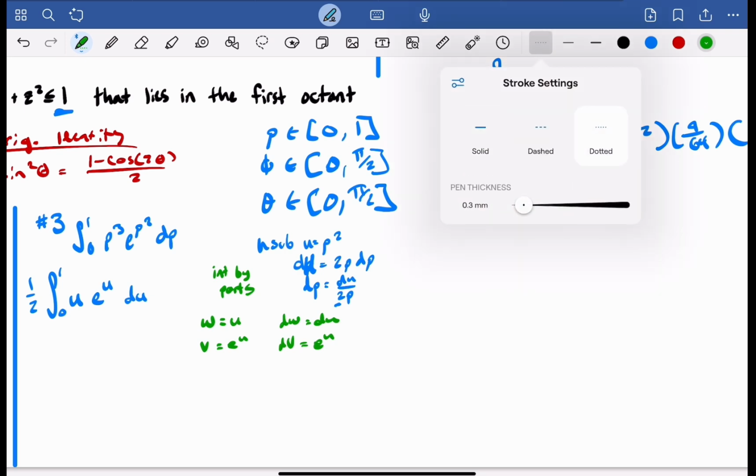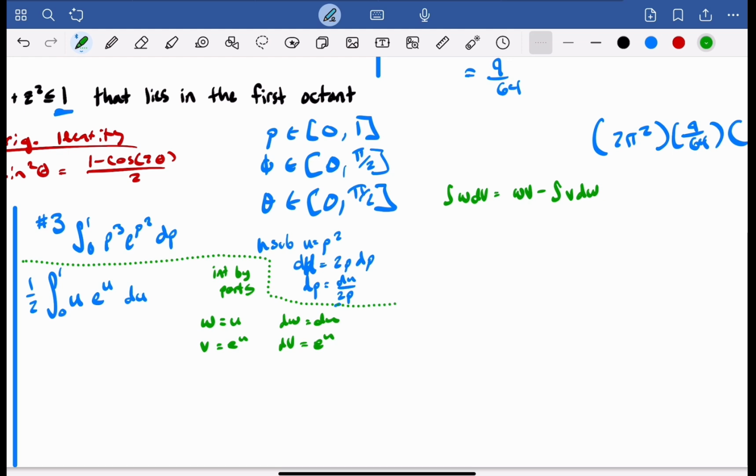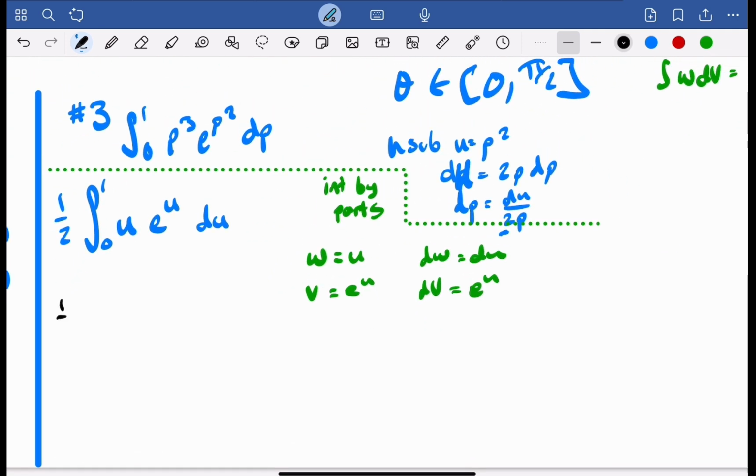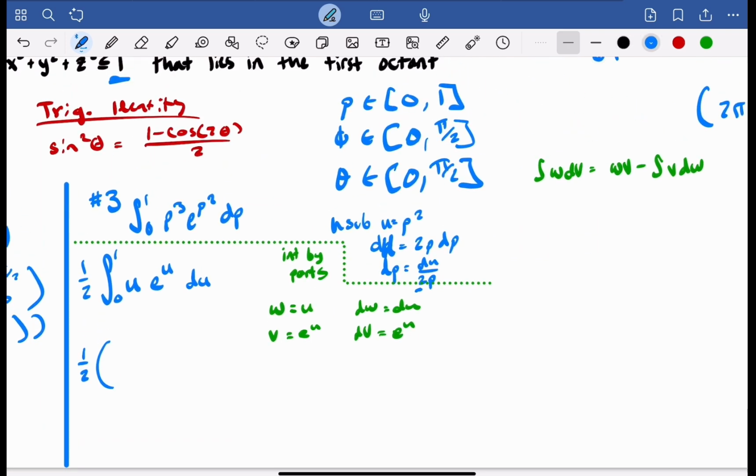We're going to do that, and through this, we can now set up, even though we have a half overall that's multiplied by all of it, we're going to have u times e to the u minus the integral of e to the u du. So that's going to be half u e to the u minus e to the u.